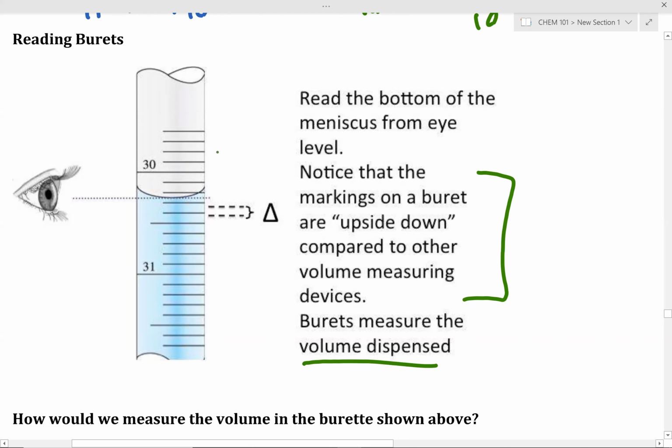Do you notice how we're counting from 30 to 31 going down the burette? So then, I'd like you all to take a moment and try to figure out the value of a single tick. And I'd like you to try to estimate a measurement for this burette, keeping in mind that burettes measure the volume dispensed and they count from top to bottom. So just take a moment and we'll discuss in about a minute.